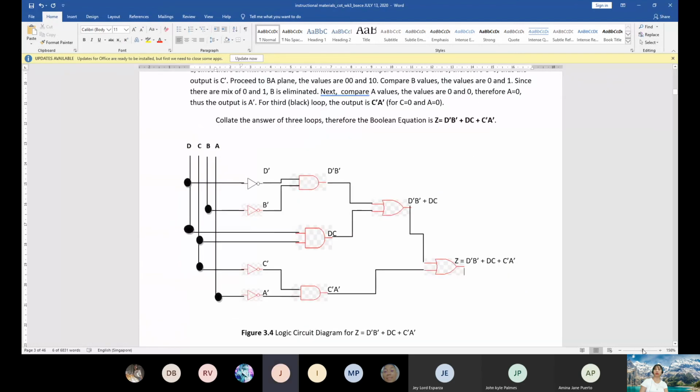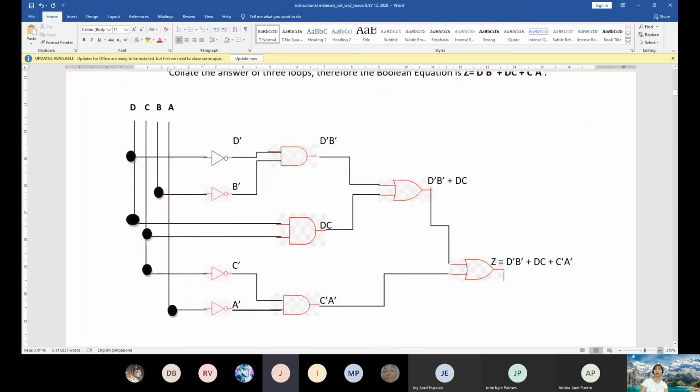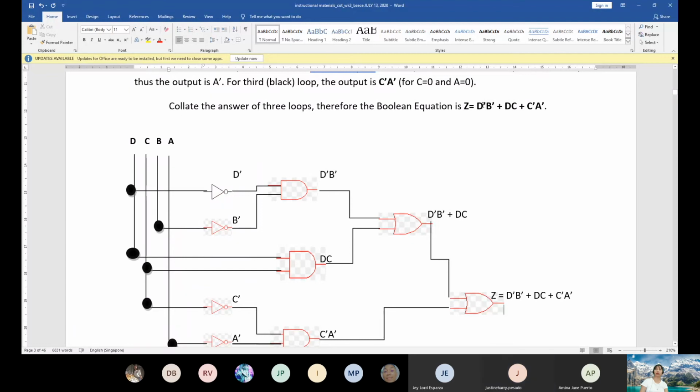Question? Ma'am, for the D prime and B prime, can the gate there be a NAND gate? Yes, we can NAND. No. You may use De Morgan's here. If you take out the prime outside such that it becomes DB with the prime outside, you have to change the... There is no inverter anymore, ma'am.